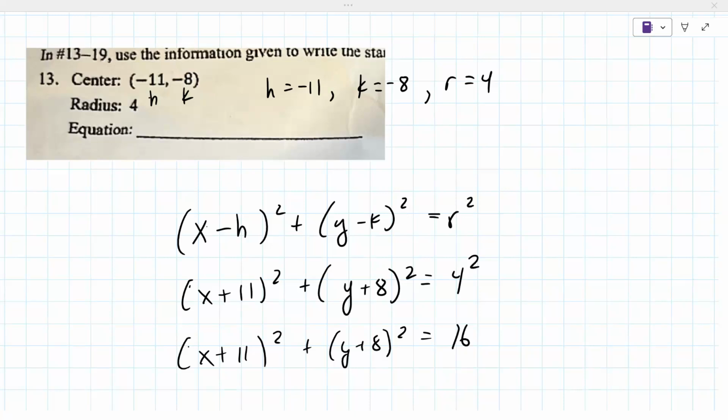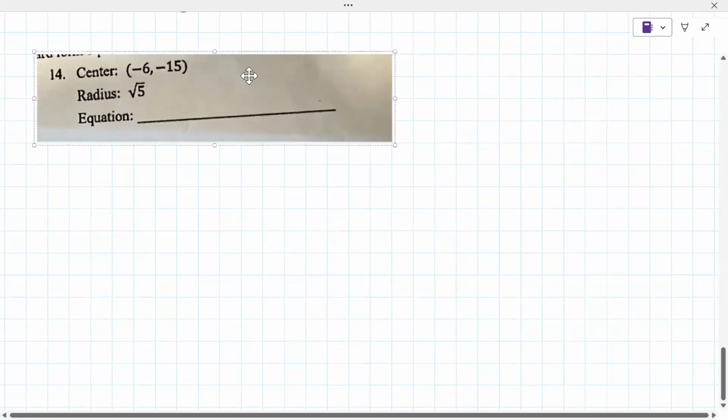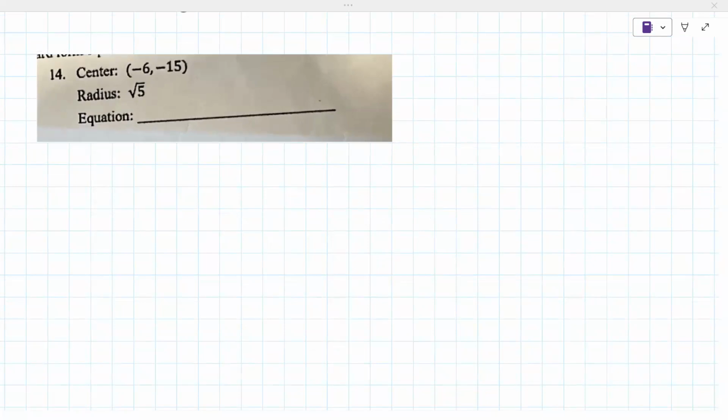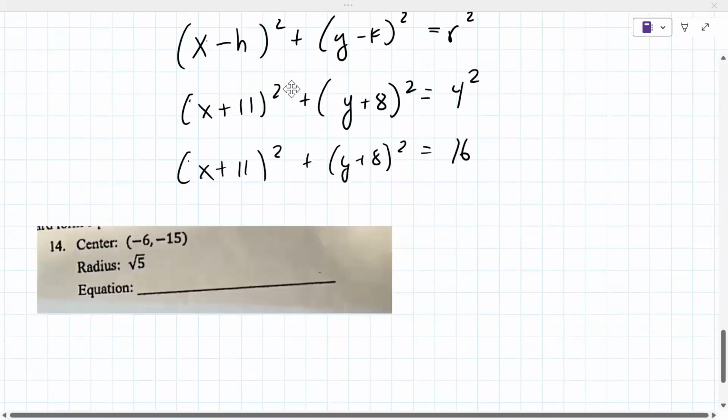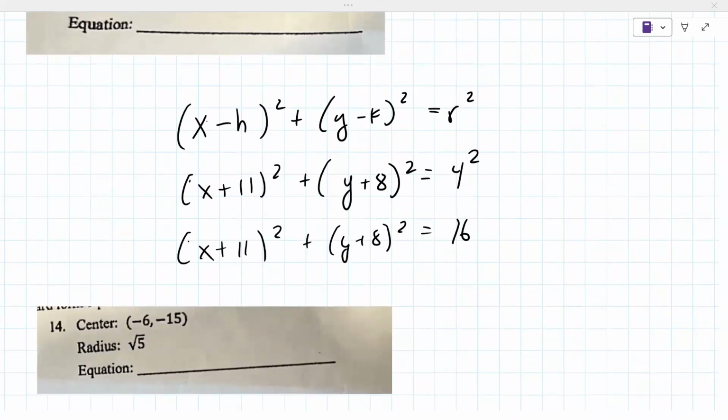All right, so try number 14 on your own. It is slightly different, but maybe it will be the same. Would I do the square root of 5 and then square it?